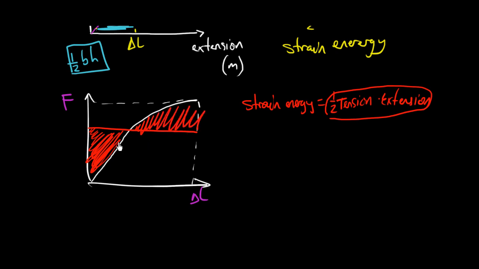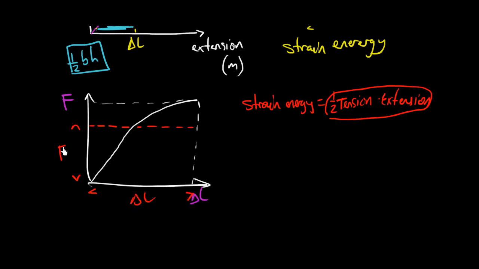Those two areas have to be approximately the same, and if you manage to do that, then your approximation is going to be very good, and your rectangle is going to have the same area as the graph has under the curve. So probably something like this is a bit more accurate. Maybe this area now looks a little bit bigger than the other one, but you just literally draw that line and then do base times height. You read off the height from the F that you just drew the line to.